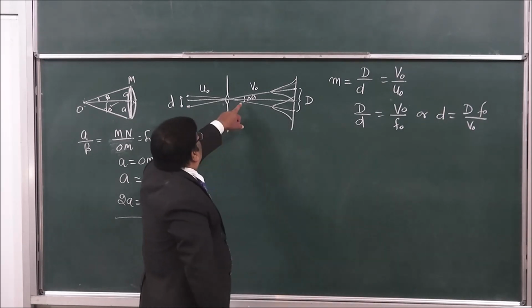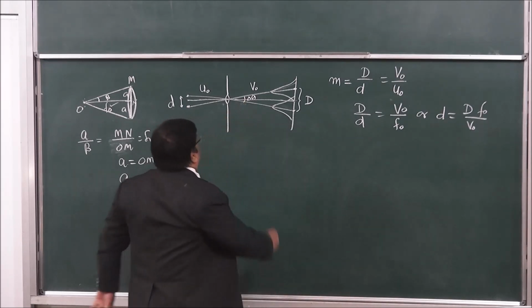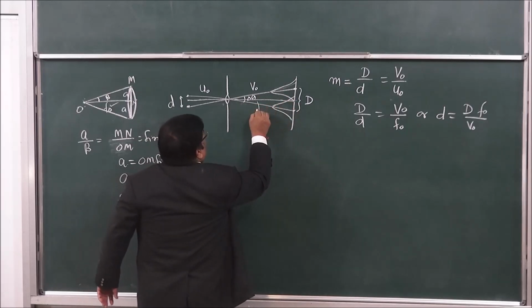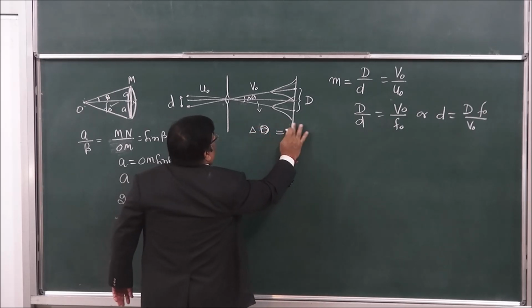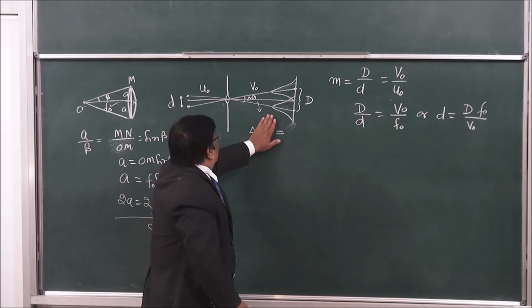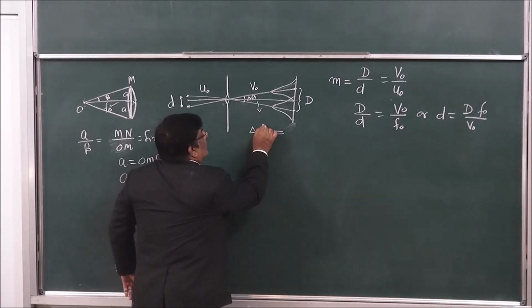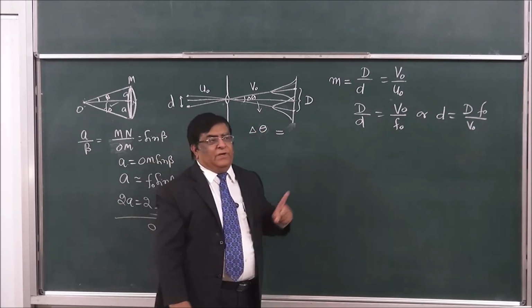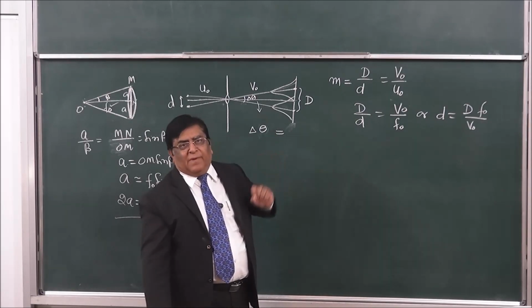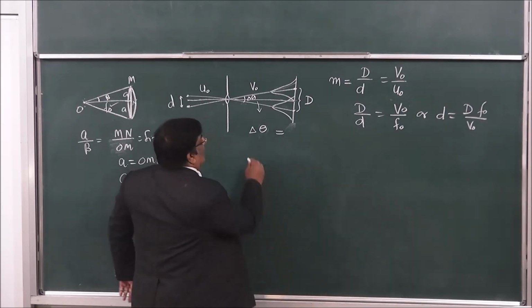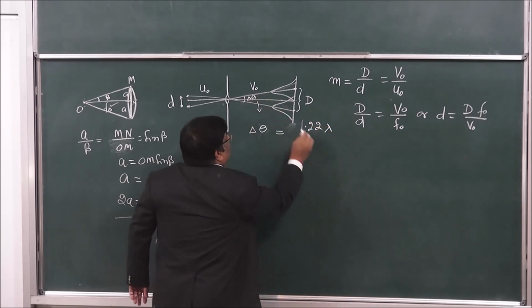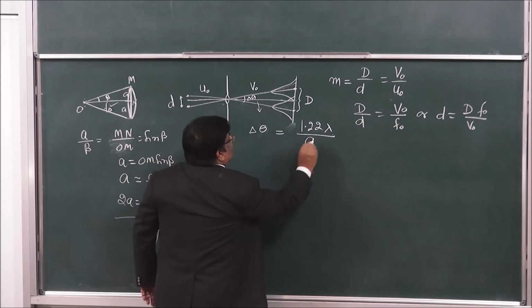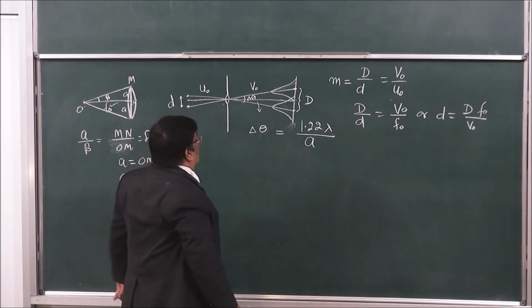Now, what is the minimum angle of resolution in this diagram? Delta theta, we have two relations for delta theta. One, according to theory, if delta theta is the minimum angle of resolution, then delta theta should be equal to 1.22 wavelength of this light divided by aperture. This aperture. Okay.